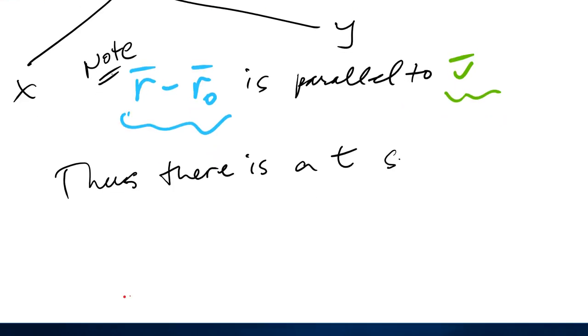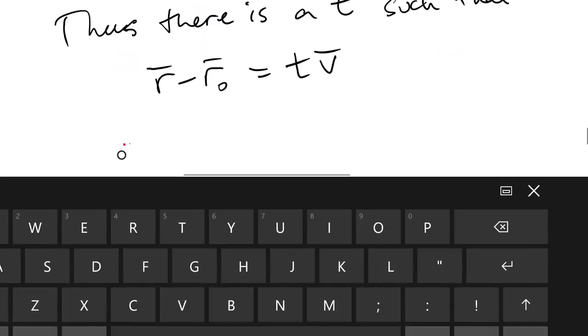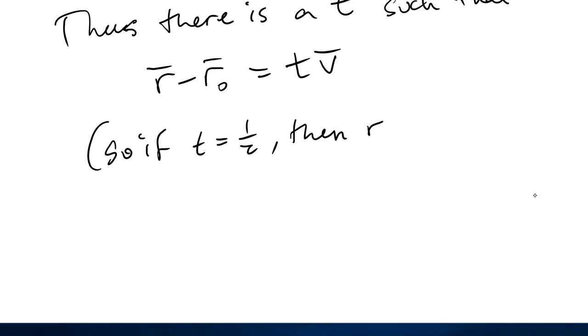There is a t such that R minus R naught is equal to t times V. Basically, if t is a half, then R minus R naught is shorter than V.